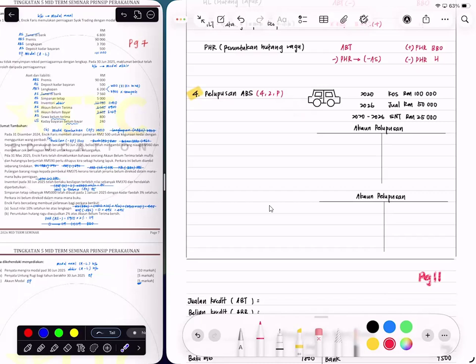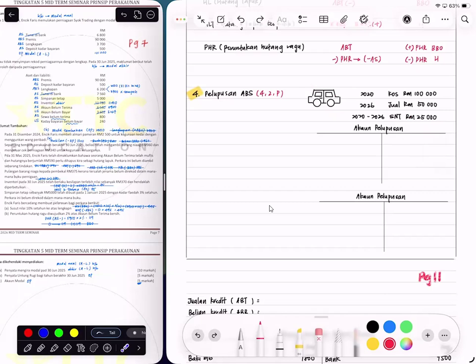And if I have an example here, I have a car that I bought in 2020 for 100,000. 6 years later, today, we are selling it at 50,000. Then over the years, we have accumulated as NT 25,000. And we need to find out whether it's untung or rugi pelupusan by using all this information.